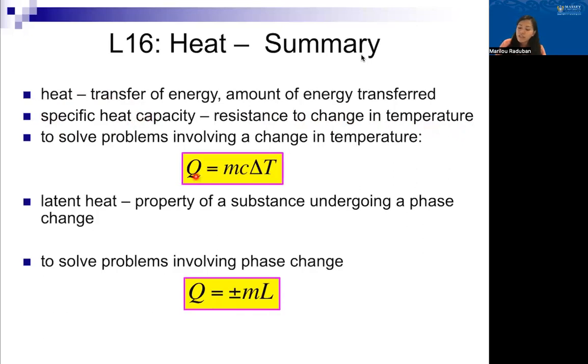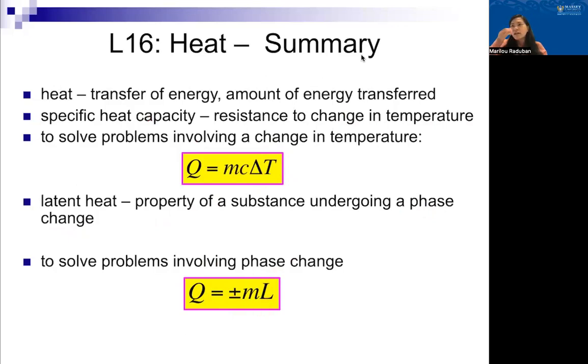The amount of heat transferred can be calculated using this equation, where delta T is the change in temperature. Sometimes the heat added to the material causes it to change phase, and therefore the heat is specified by the latent heat of the material, indicating the phase change.